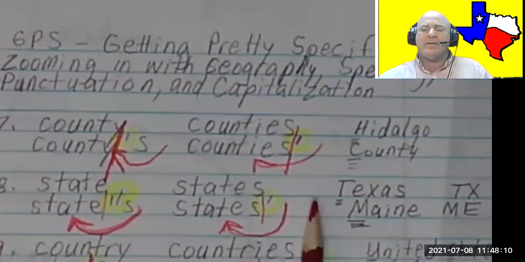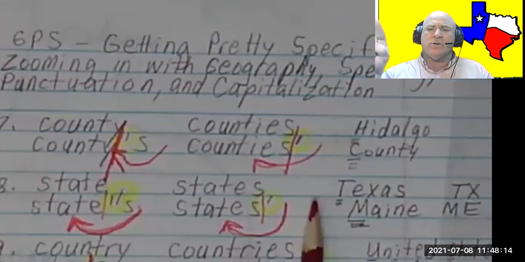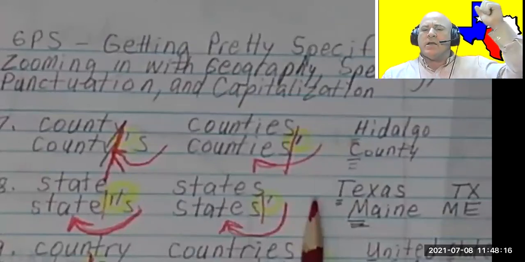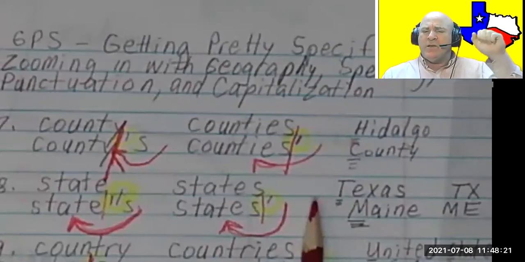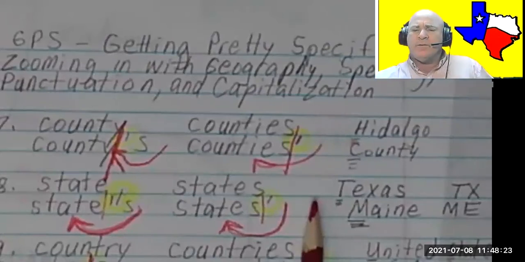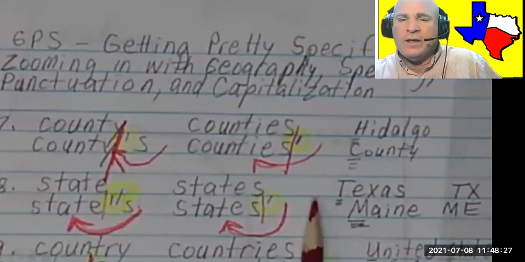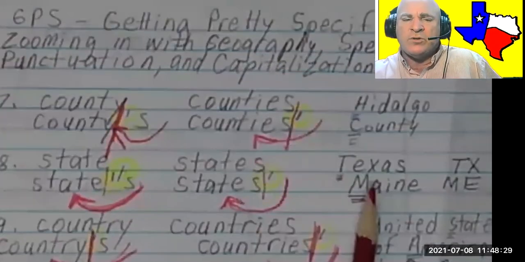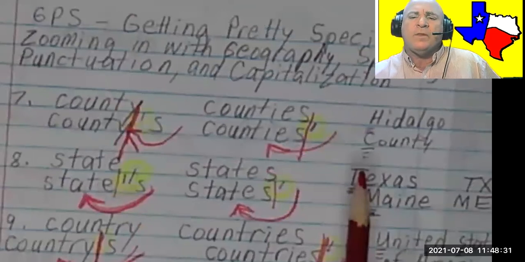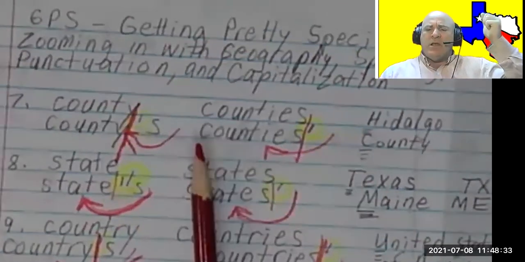Make sure the I has a dot, not a heart, a star, or a circle. All right. County, capital C. And so that has to be a little bit taller than the C that we use for a common noun. Capital C.